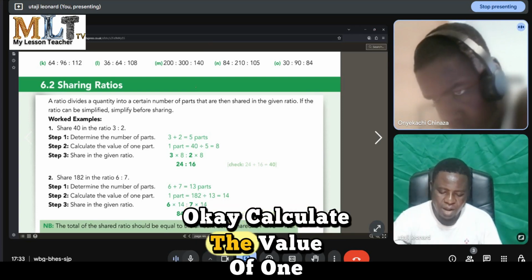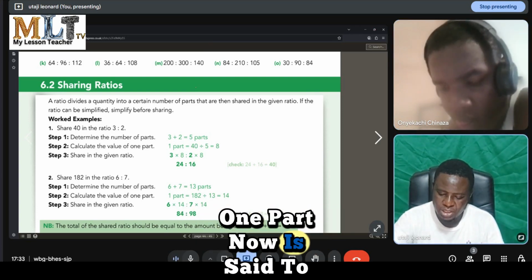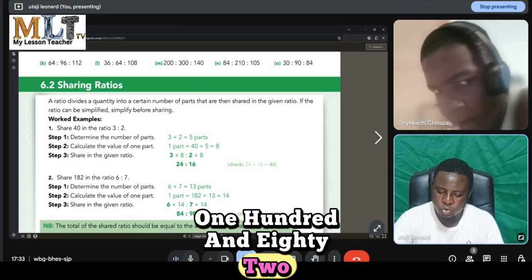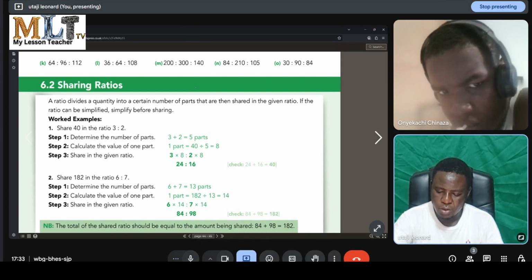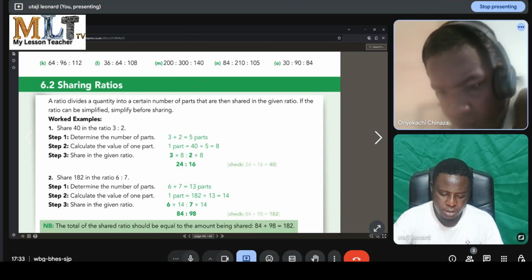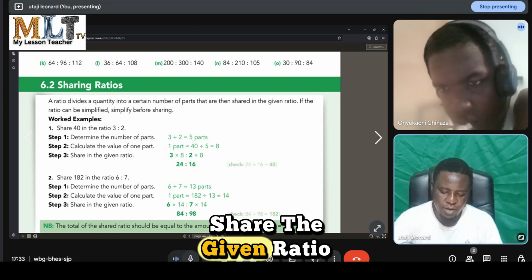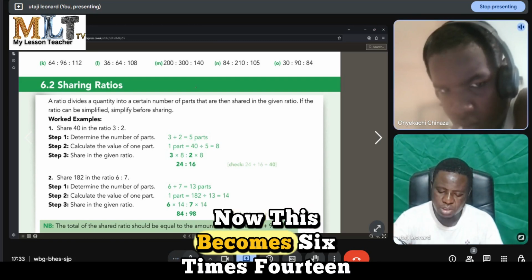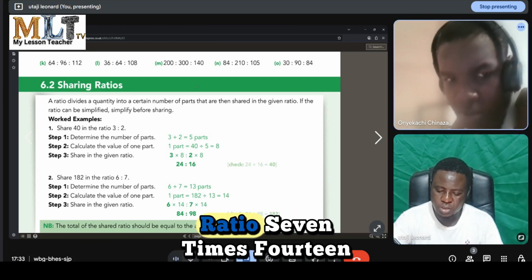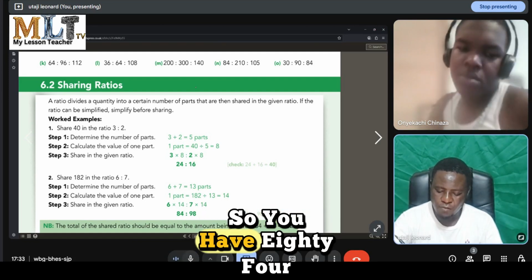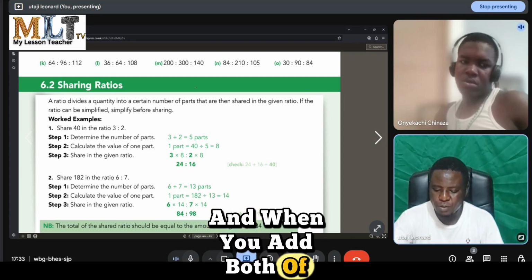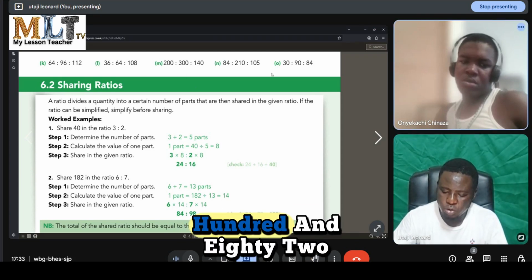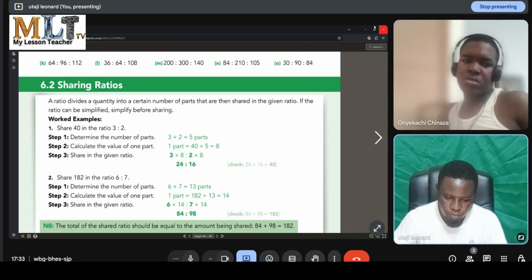Calculate the value of 1 part. 1 part is 182 divided by 13, which gives you 14. Share in the given ratio. Now this becomes 6 times 14 and 7 times 14. So you have 84 and 98. When you add both together, it gives you 182.